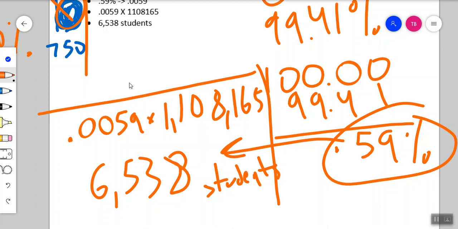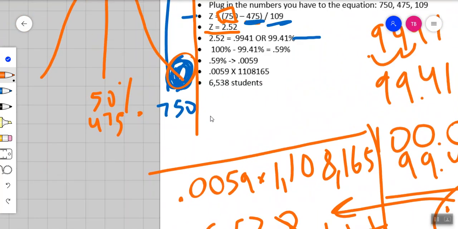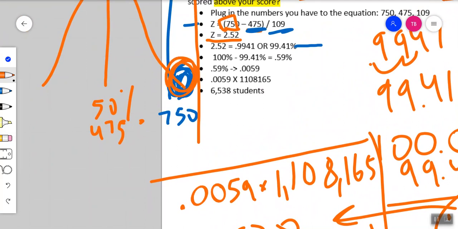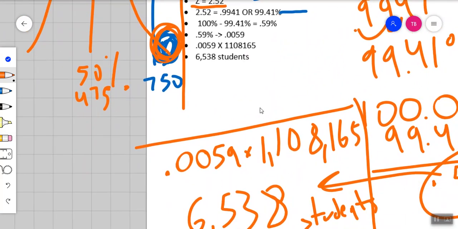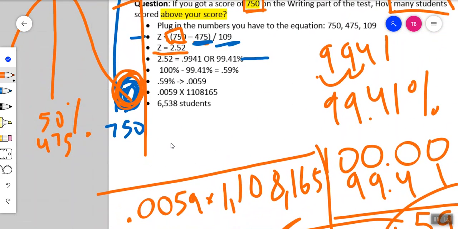You should have a really small number, because remember, we are only looking for this very little tip there. So if someone were to ask you, if you got a score of 750 on the writing part of your test, how many students scored above yours? You could say a total of 6,538 students scored above you, because you scored so far along that normal curve.